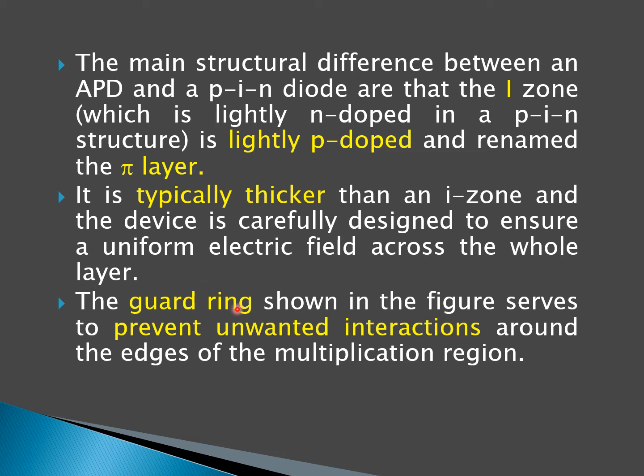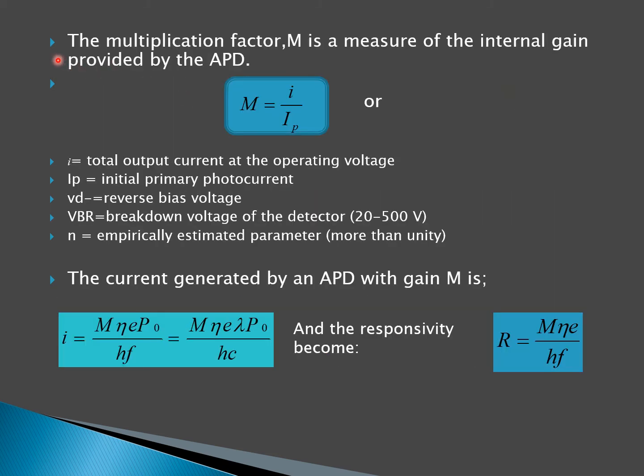The guard ring serves to prevent unwanted interaction around the edges of the multiplication region. The multiplication factor M is a measure of internal gain provided by the APD. M only occurs for APD.